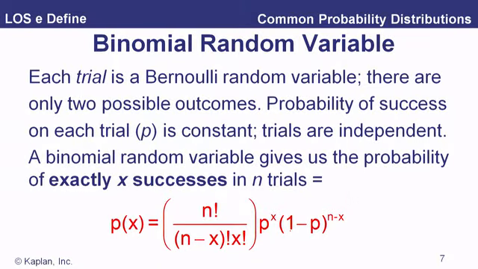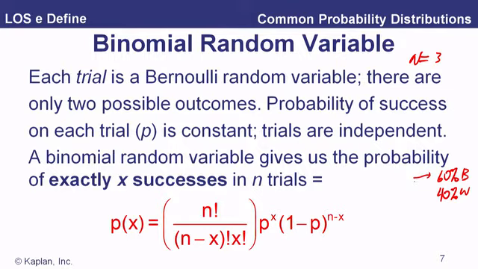Now, let me give you a little explanation which may help you remember this formula. Let's say we've got 3 trials, so N equals 3, and we want the probability of 2 successes in N trials. Say we've got a big barrel of balls with white balls and black balls in it, 60% black balls and 40% white balls.